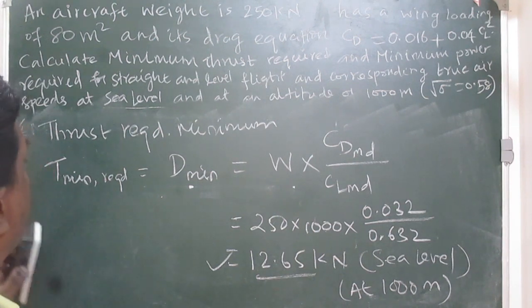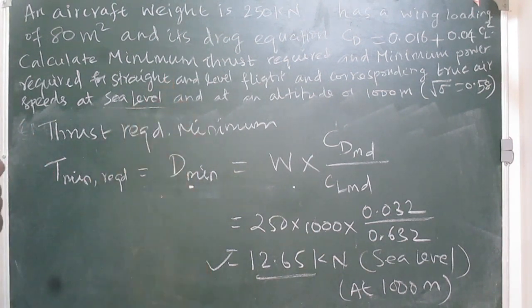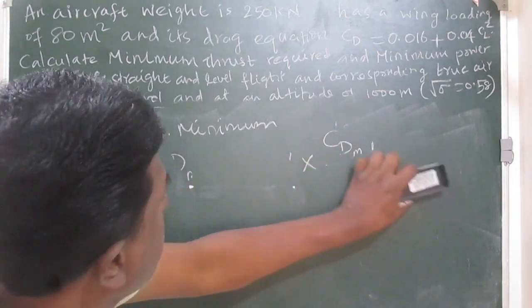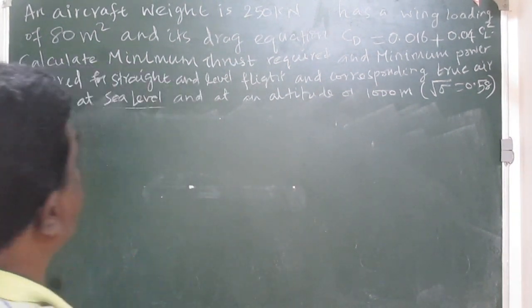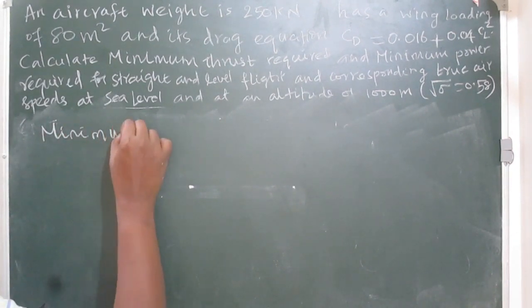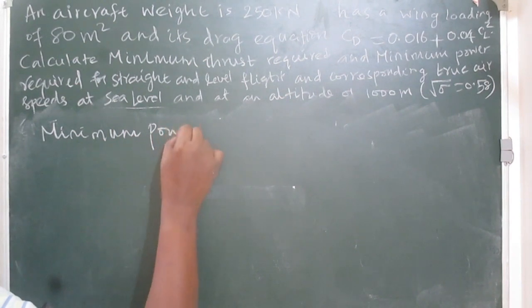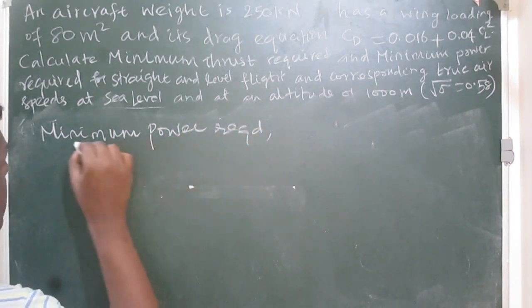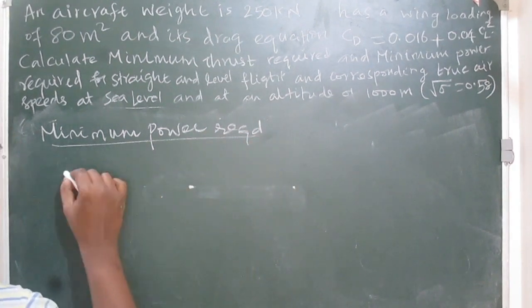So now let us go to the minimum power conditions. Minimum power required, we are calculating by using this.